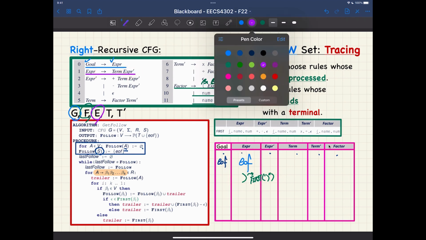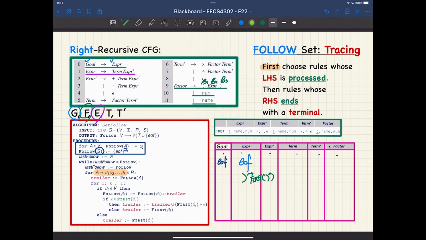Let me use maybe green here. So the follow of this will just be the follow of expression. That means we're going to copy EOF and also closing parenthesis, which is right here. That's what we start with. And then what about term over here?